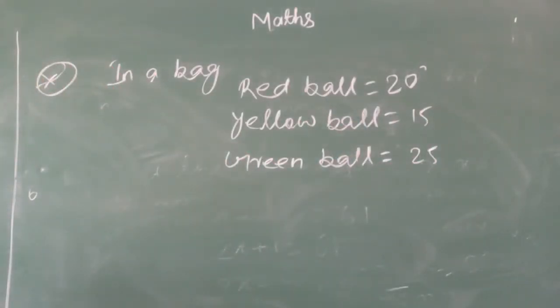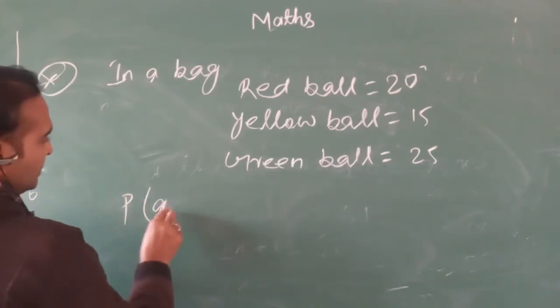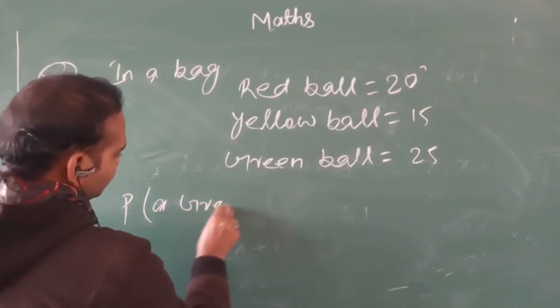And if you draw one ball from the bag randomly without looking, then find the probability of getting a green ball.